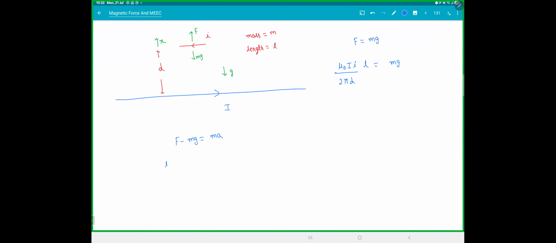Now the force becomes mu naught I length L by 2 pi into d plus x. Basically, the magnetic force has decreased because the distance increased, but mg is still there, so it will pull you down. It is a stable equilibrium. But we know mu naught I L by 2 pi d is mg. Take d common, you'll end up with mg by 1 plus x by d.